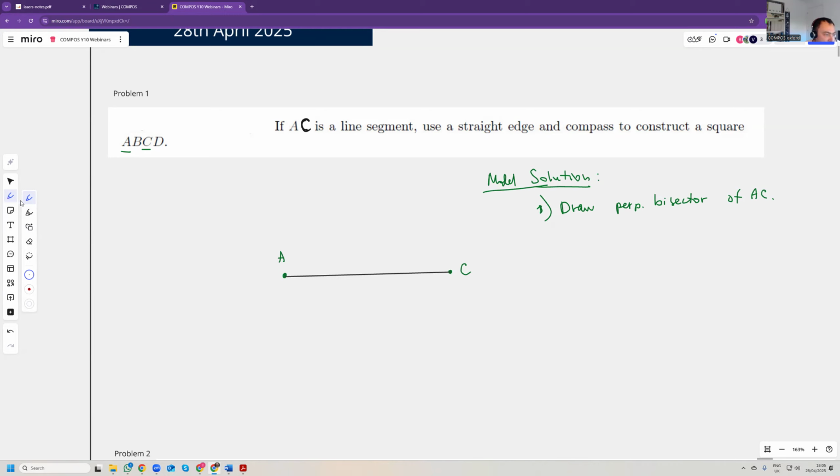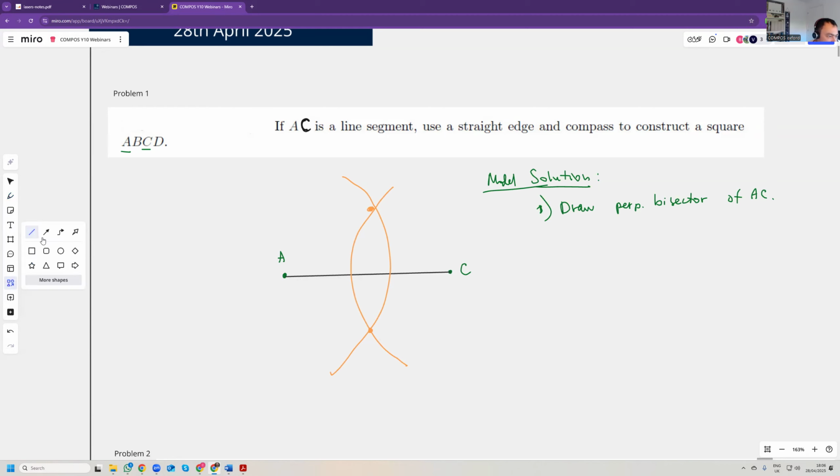Okay, so we take a circle, as we have discussed. Draw a circle center A, and we draw a circle center C with radius just over a half of the line AC. We find where the two meet, and we draw a straight line through.